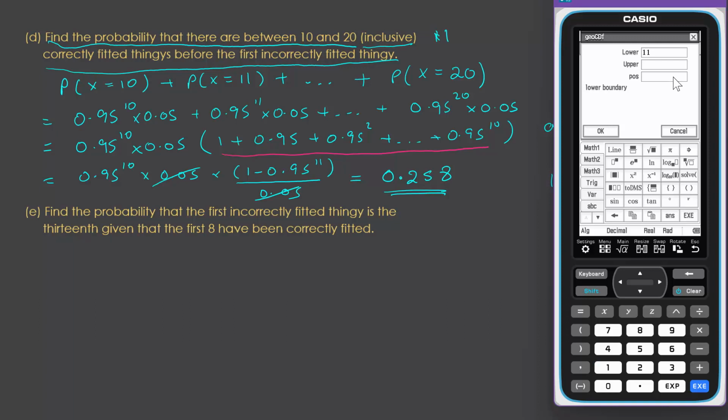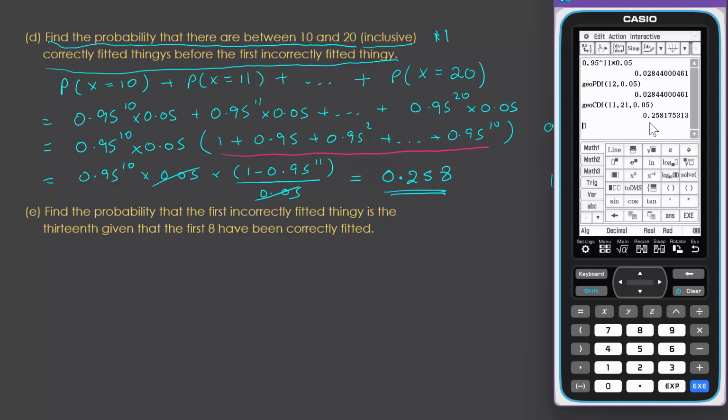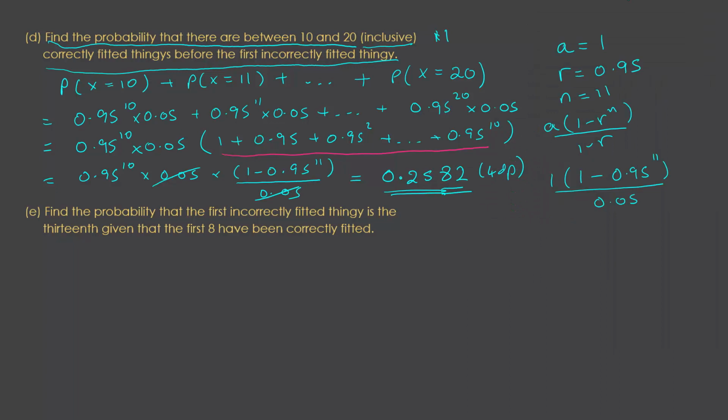ClassPad goes one up, so it's 11 to 21. Probability of success is 0.05. If we OK that, 0.25817. I ought to call this 0.2582 here, because I normally round to 4 decimal places for probabilities. And so you can see how that is done.